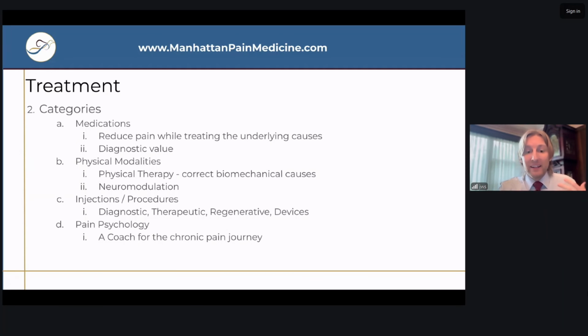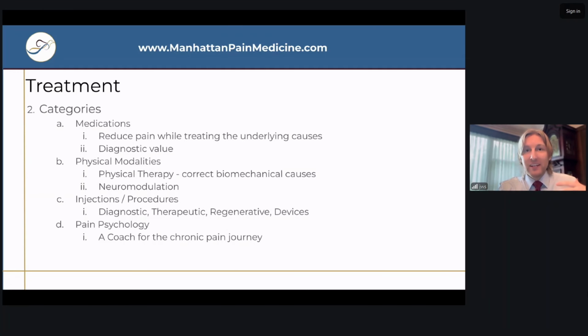There's a lot of physical modalities which are essential for correcting the biomechanics. So physical therapy absolutely helps identify some of these biomechanical patterns because patients will get better when they're treated, or they will flare when they're ignored. And both of those data points are very helpful.